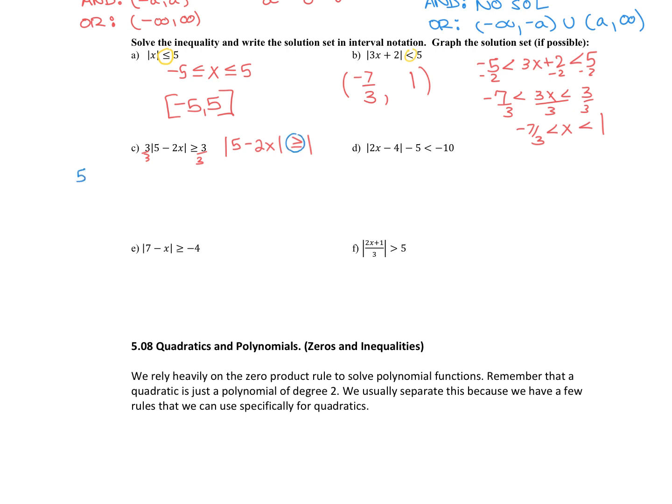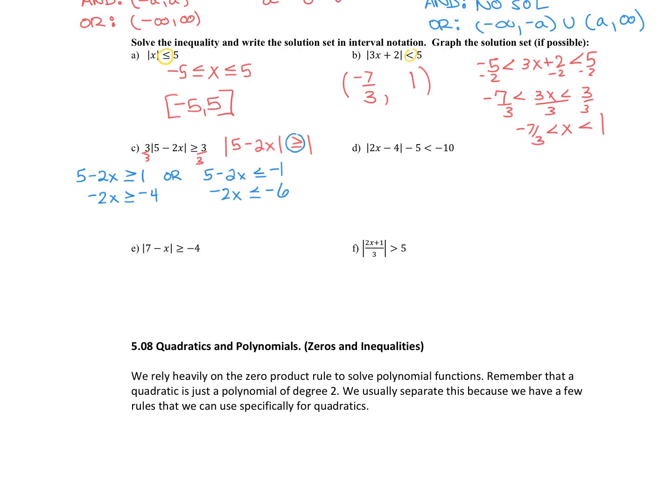So I'm going to have 5 minus 2x is greater than or equal to 1, or 5 minus 2x is less than or equal to negative 1. Subtracting 5, I get negative 2x is greater than or equal to negative 4, or negative 2x is less than or equal to negative 6.